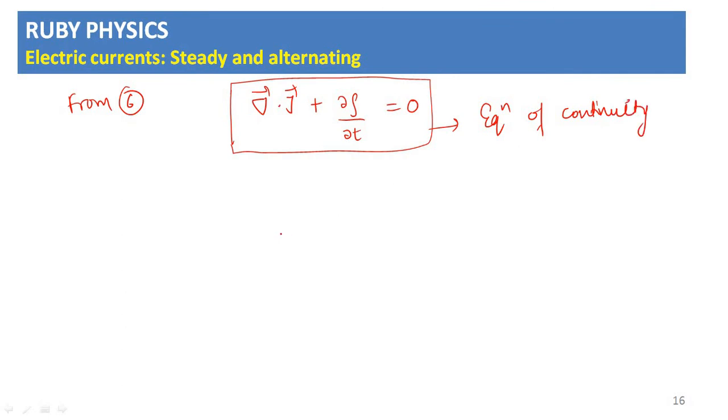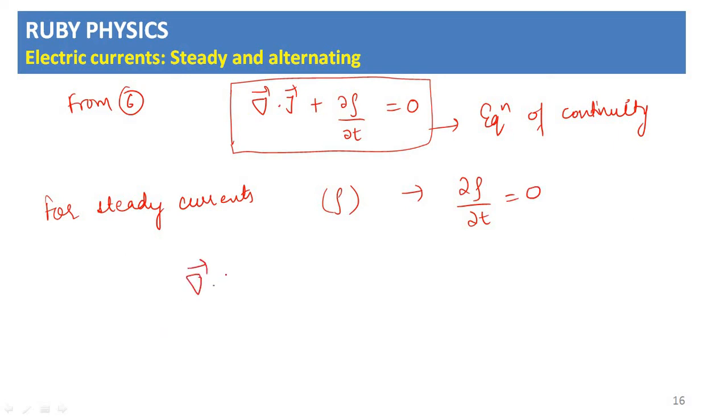This equation represents the law of conservation of charge. For steady or constant currents, the charge density rho at any point remains constant. So for that case, partial rho by partial t will be 0, and del dot J will become 0.